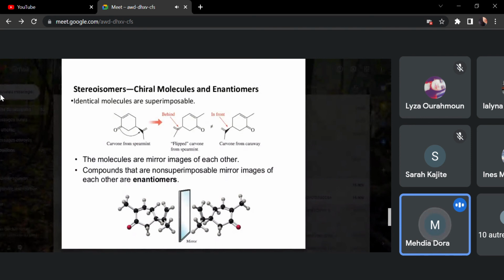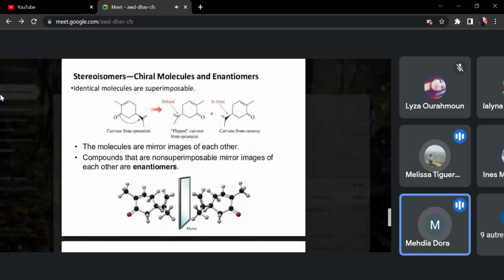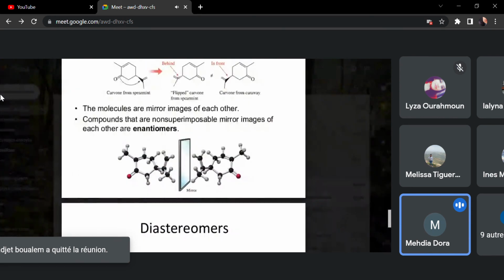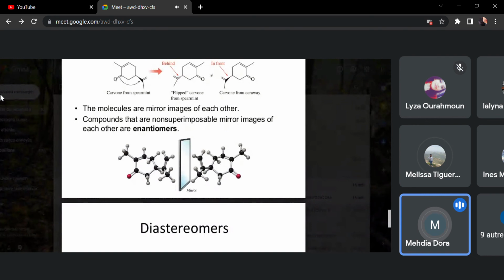Carvone is the smell of it. It's the good smell of caraway. So yes, caraway is karwiya in Arabic. Karwiya, c'est l'épice là.